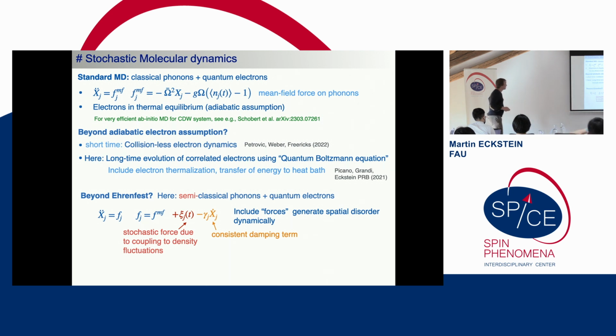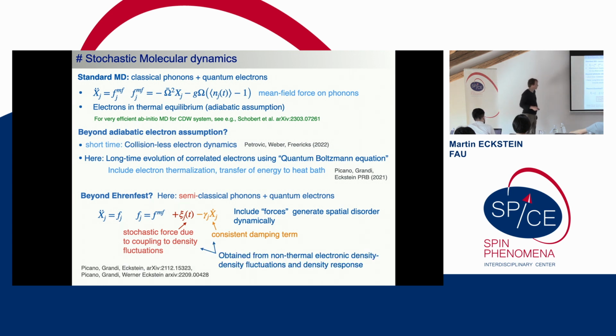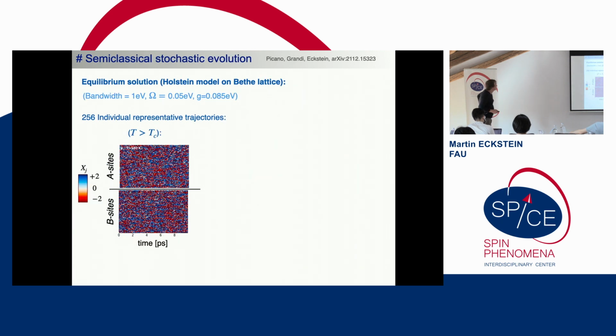And what we try here is to actually extract this stochastic force and the damping from the electronic non-equilibrium evolution. Then the whole thing is solved in a very simplified lattice, which makes it possible, namely the bipartite lattice. But then you get results like this, where this is just equilibrium.